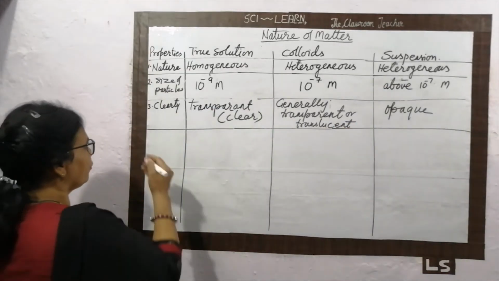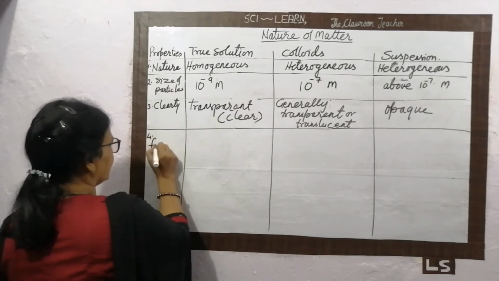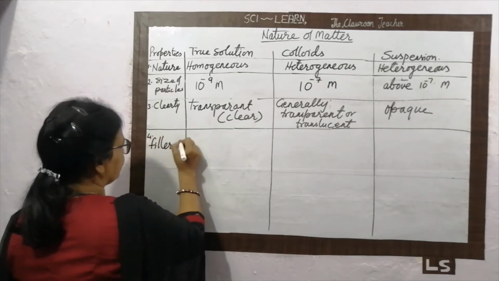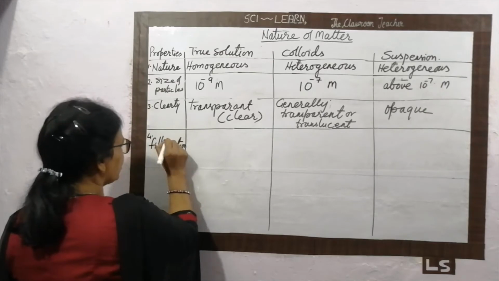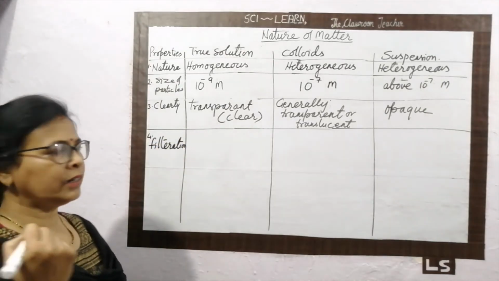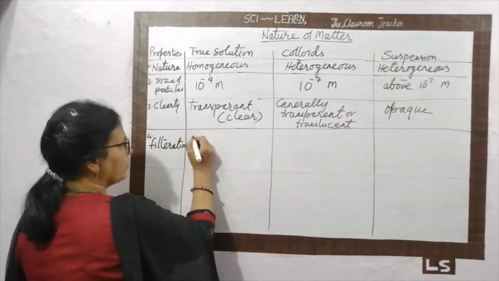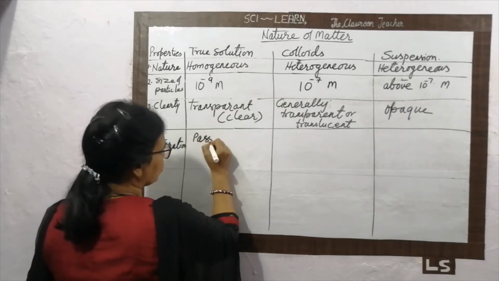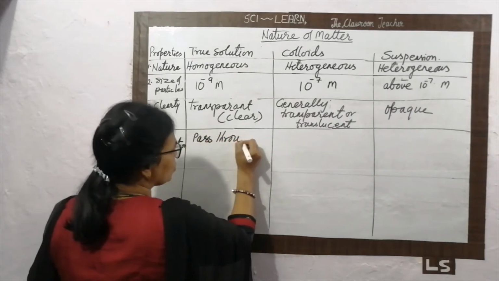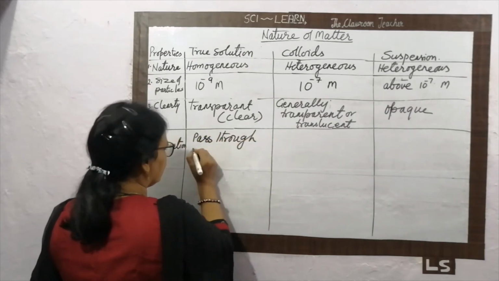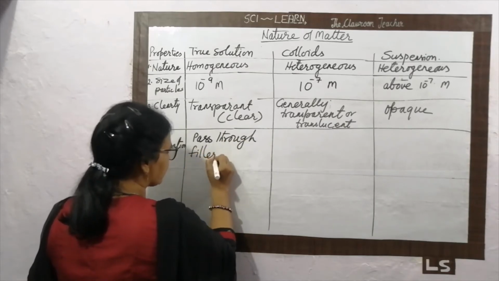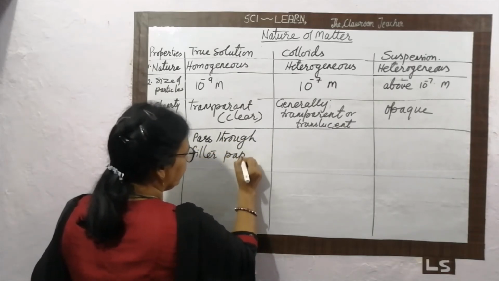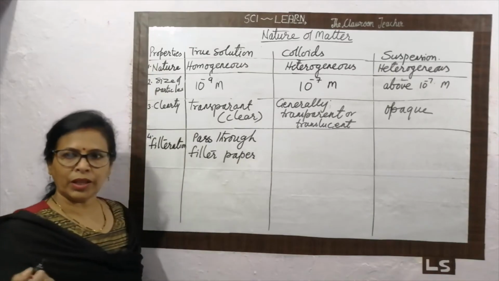Now next is filtration. What about filtration? A solution passes through filter paper because its particles are so small in nature. What about the colloid?